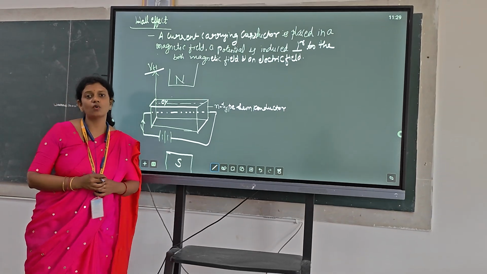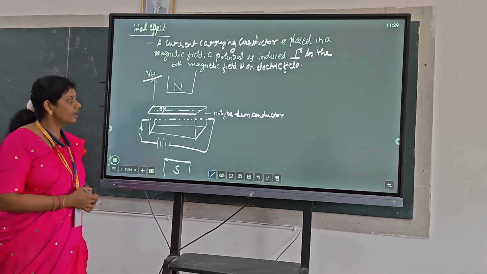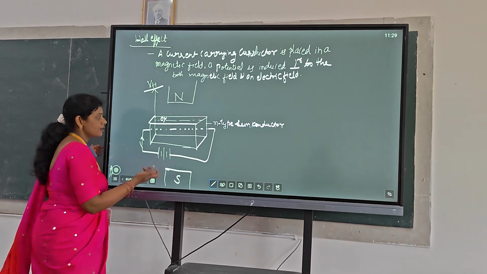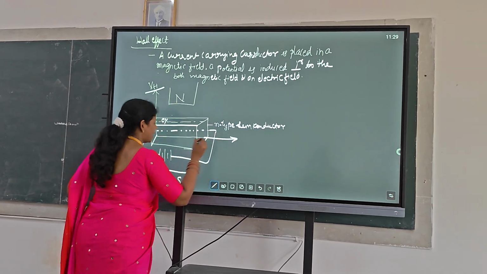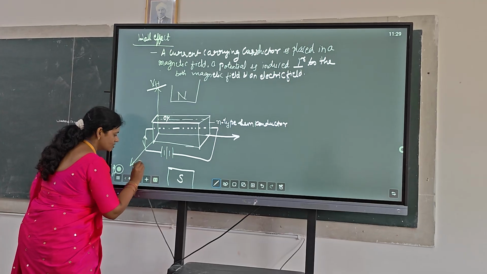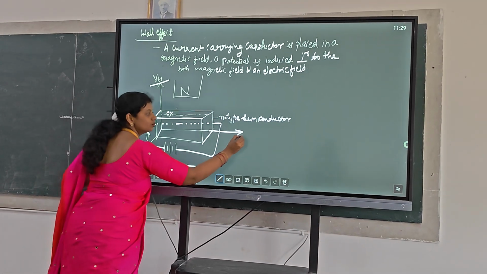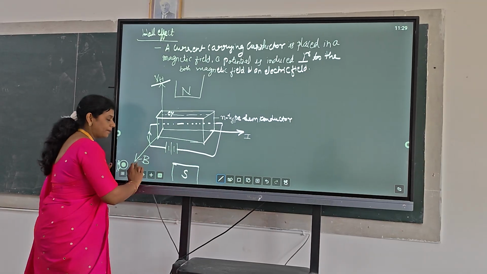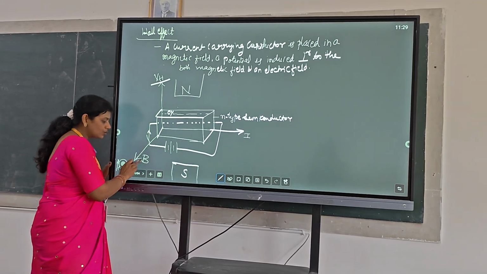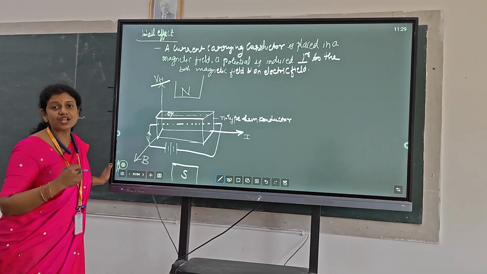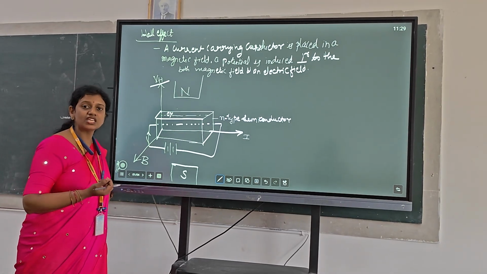So now we know what is meant by Hall effect. In this Hall effect, we see both the current and the applied magnetic field are perpendicular to each other, and due to this applied magnetic field, one more potential or EMF is induced.